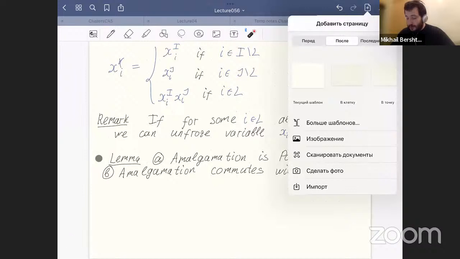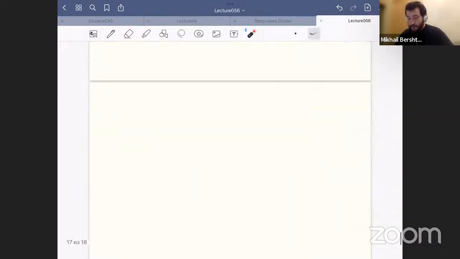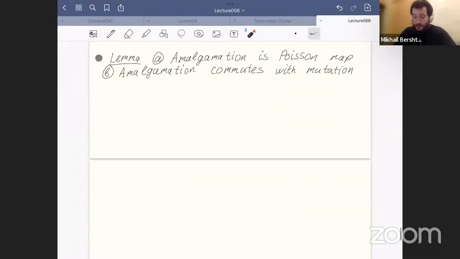Before I state the main theorem, let me first consider an example. This example will correspond to so-called Coxeter elements in the Weyl group.